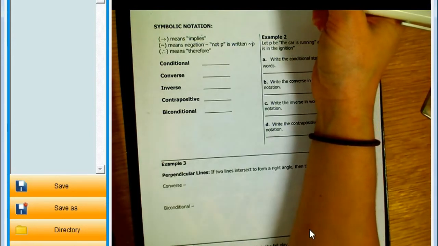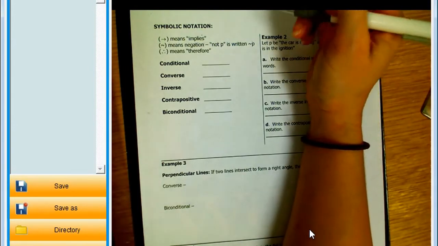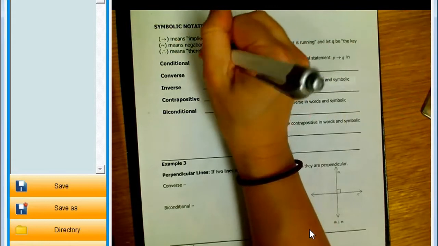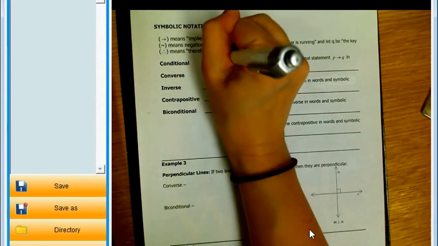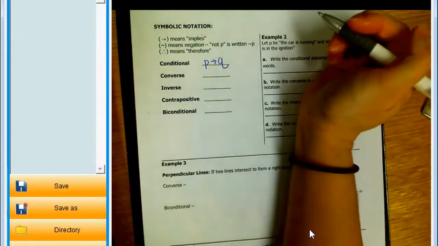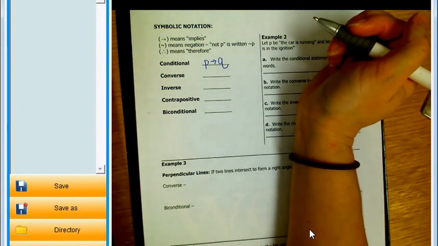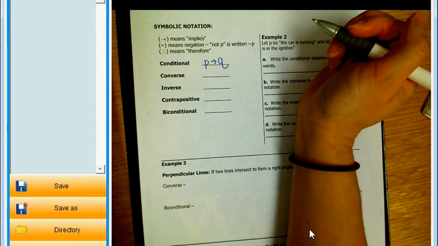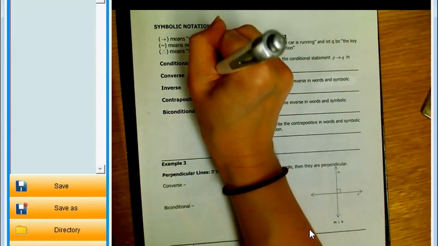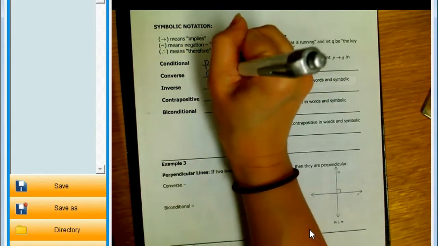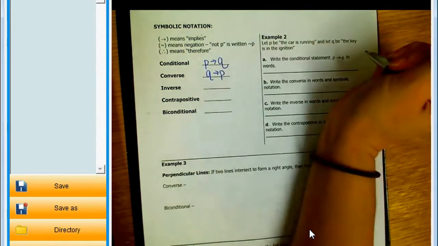All right, let's write our symbols for each statement. Conditional statement is the original statement. So we'd have P implies Q. For converse, we are going to flip the order. Conclusion implies hypothesis.